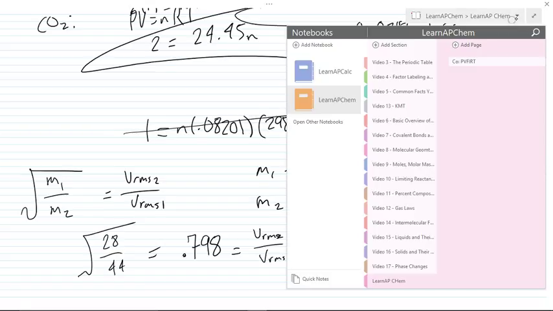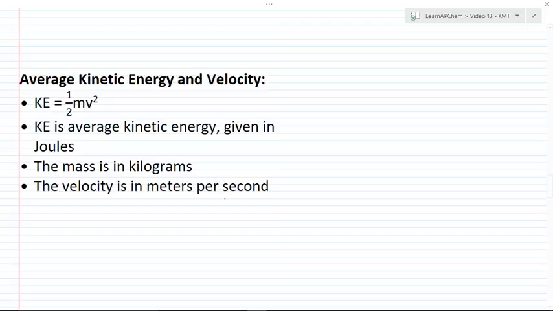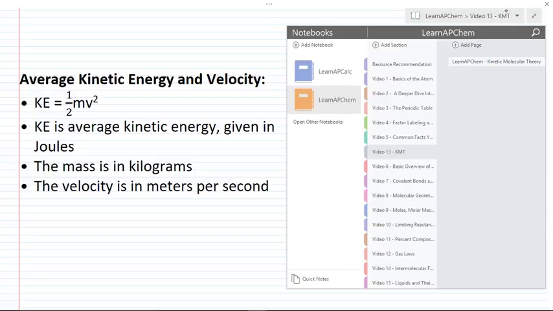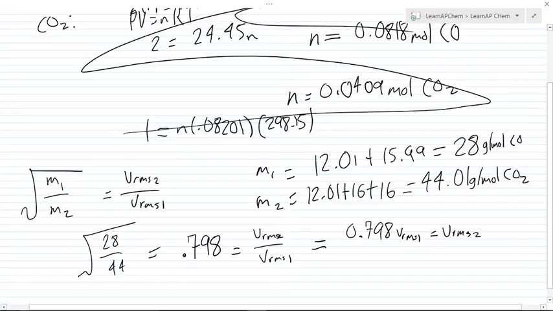Okay, so yeah, moving on. Here it's just important to know that our mass is in kilograms. Wait, hold on. No, okay. No, so VRMS1 has to be bigger because for every... This is sort of a weird way of doing it.